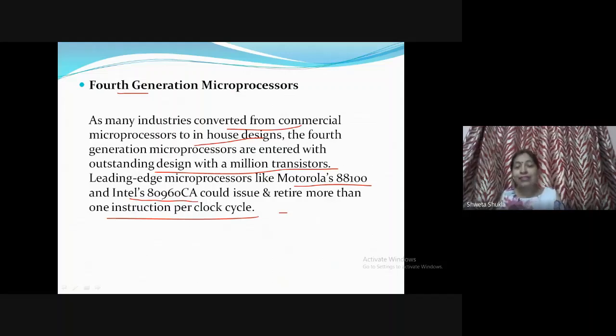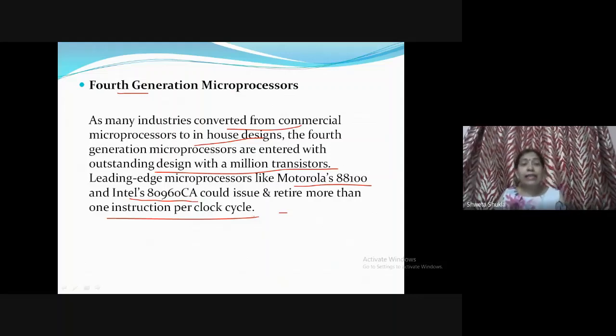This is how a microprocessor started working. But by the fourth generation, in just one clock cycle they can work on more than one instruction. That means the speed has increased and the time taken to execute has reduced.